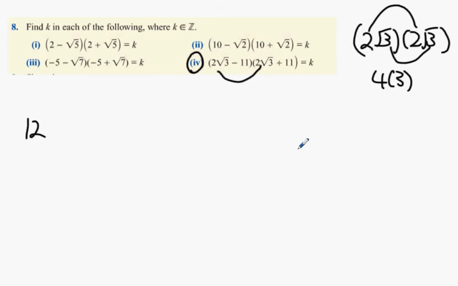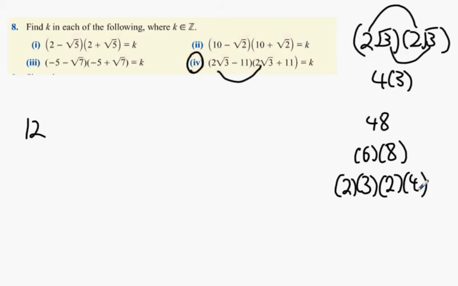How to explain this? Okay. The number 48, yeah? The number 48 is 6 multiplied by 8. Would you agree with that? 6 in turn is 2 multiplied by 3. And 8 can be written as 2 multiplied by 4. Yeah?